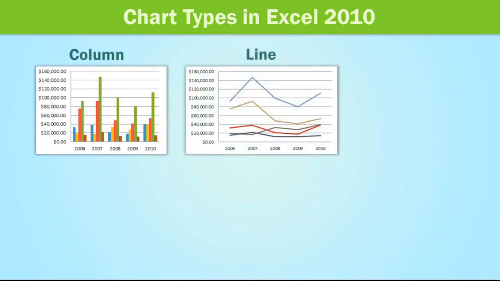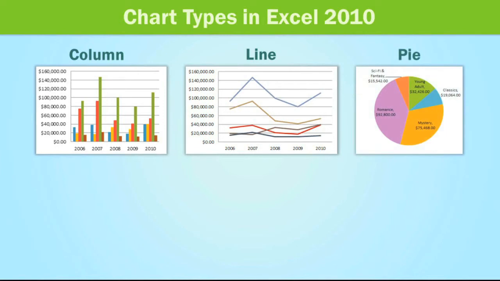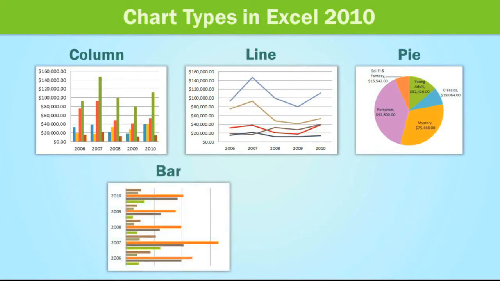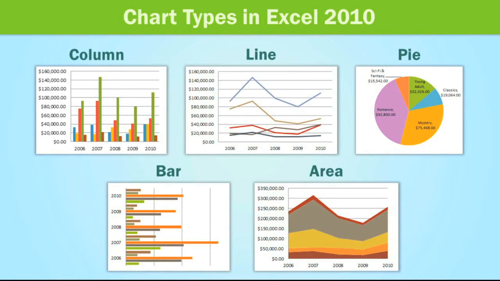Line charts are best for showing trends over time. Pie charts let you easily compare the proportions of different items. Bar charts are basically just column charts, except they use horizontal bars. And area charts are like line charts, except the areas under the lines are filled in. And there are also some other types that are a bit more specialized.